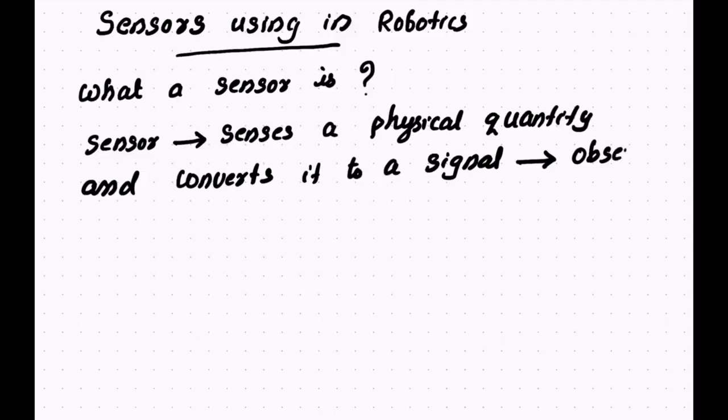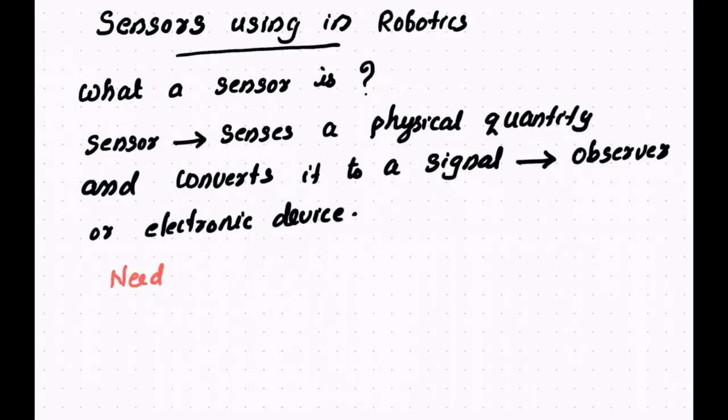A pressure gauge is a typical example of a sensor which can be read by an observer. We can directly read the pressure value from the dial. A thermocouple is a typical example of a sensor which can be read with the help of an electronic device.